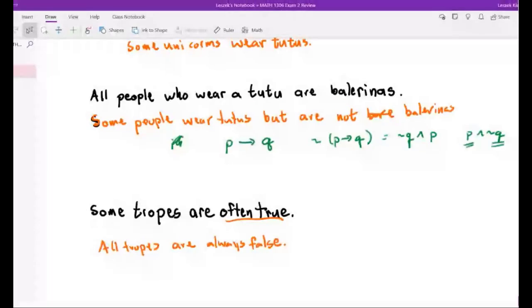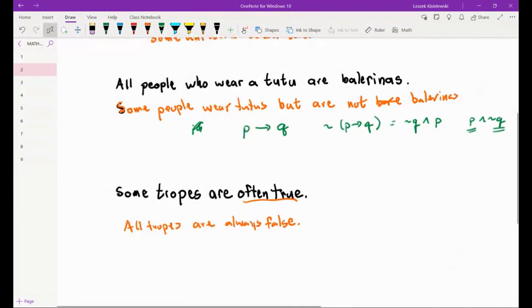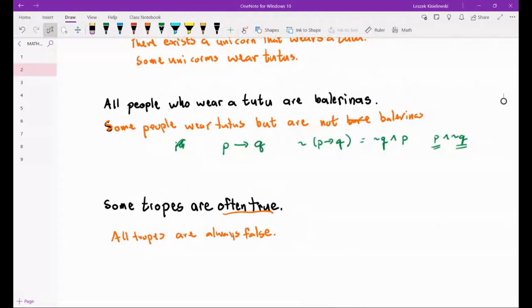Okay, so does anybody have questions about recognizing universal quantifiers, all or every, and existential quantifiers like for some, and then negating those?